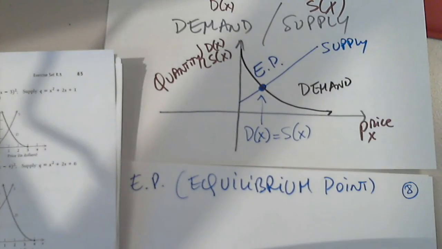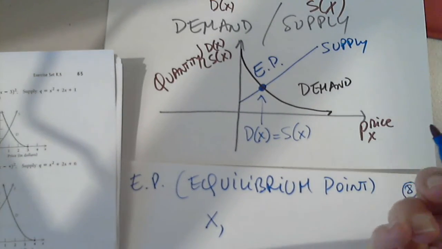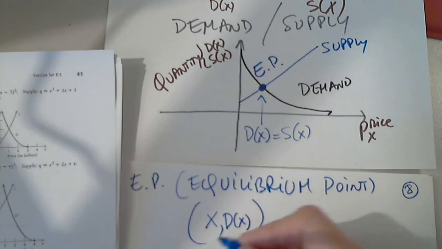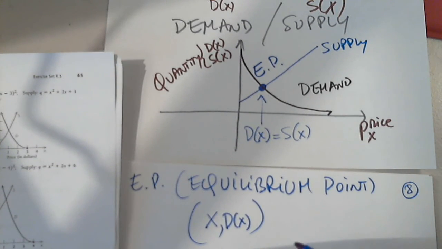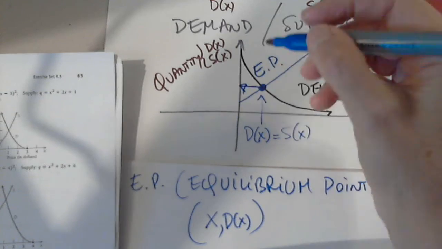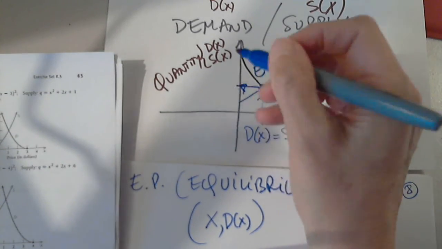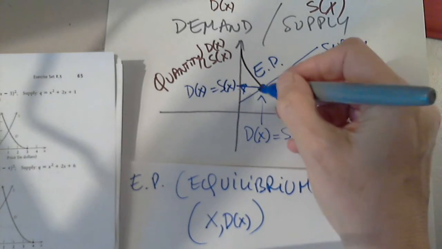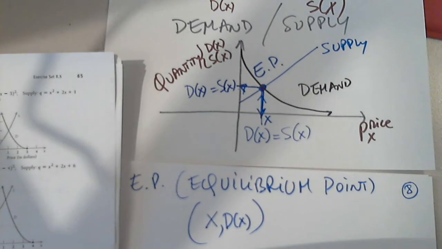The equilibrium point will be given by X, which is the price, comma, either D of X or supply of X. It doesn't matter because they are the same at that point. So this Y value is identical. This value here is D of X equals S of X for this particular price, X.